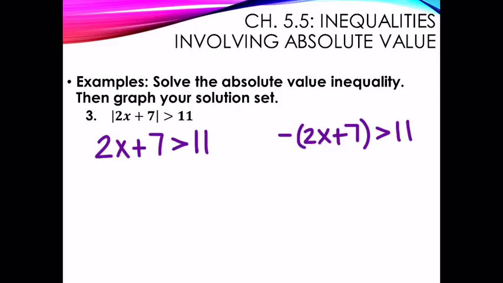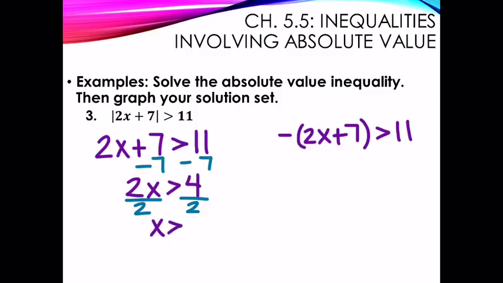So I'm going to start on the left-hand equation, and I'm going to subtract 7 on both sides. So this will give me 2x is greater than 11 minus 7, which is 4. Then we're going to divide by 2. So then x is greater than 4 divided by 2, which is 2.